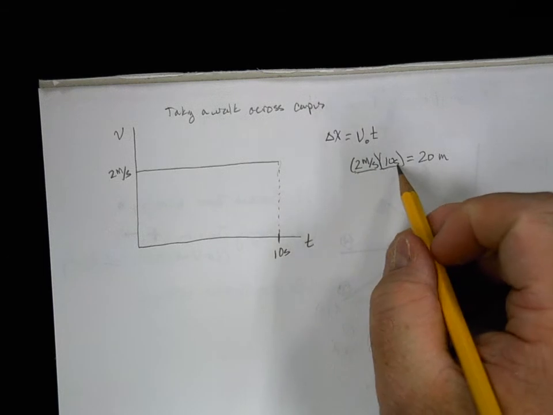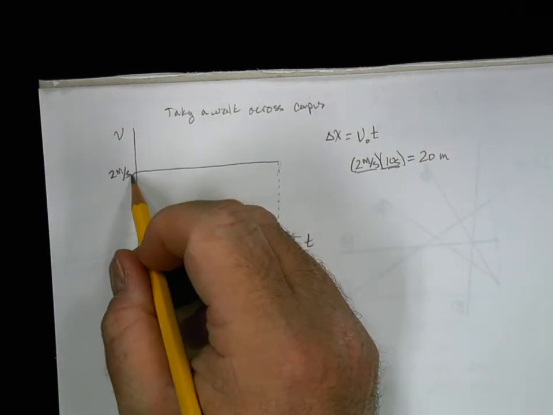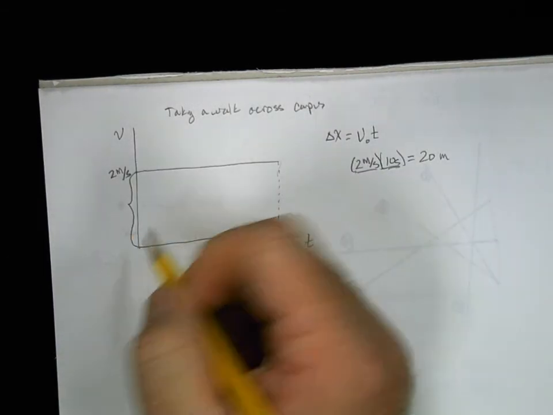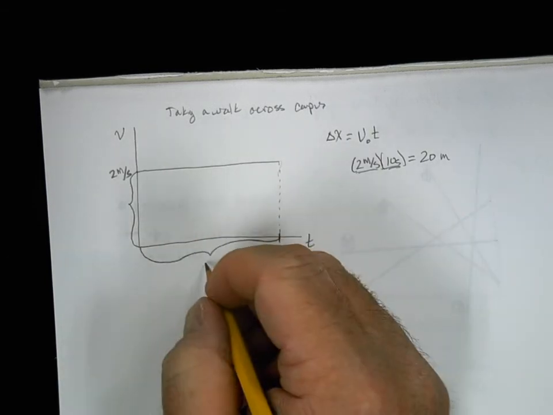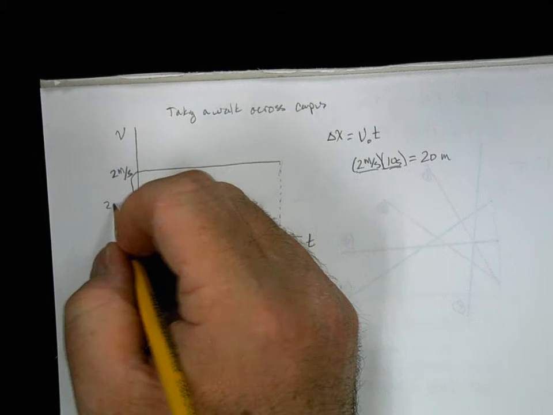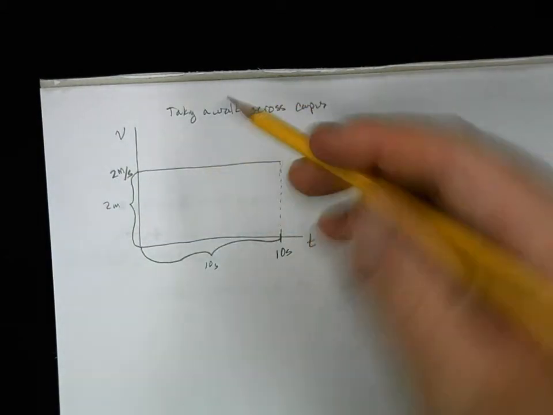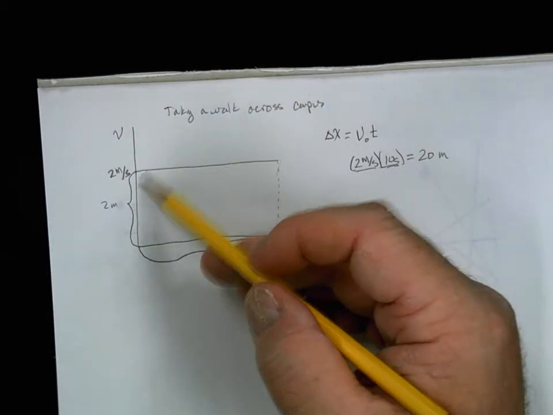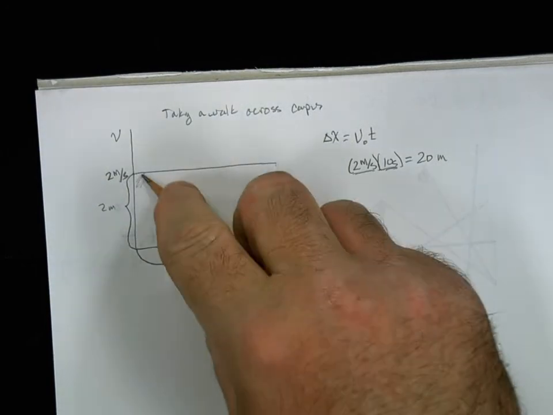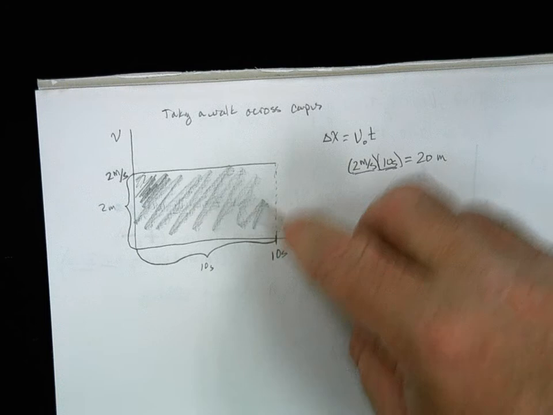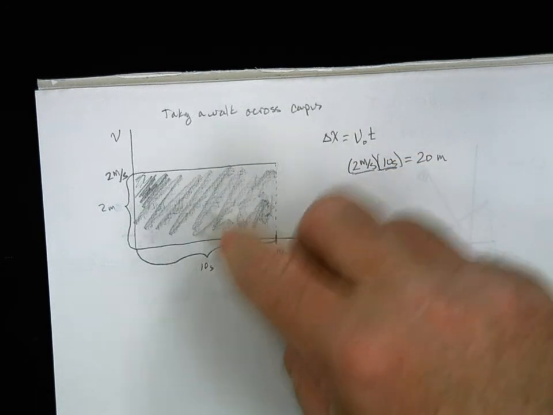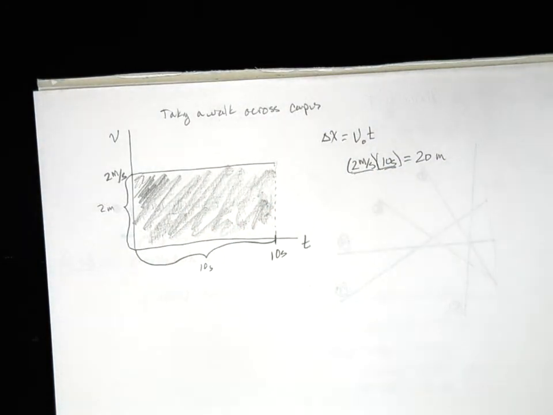Well, that looks like 2 meters per second times 10 seconds. Well, what is this shape that I have here? Sure looks like a rectangle to me.